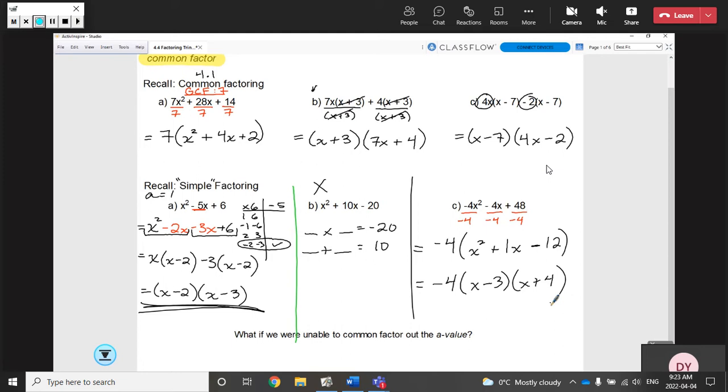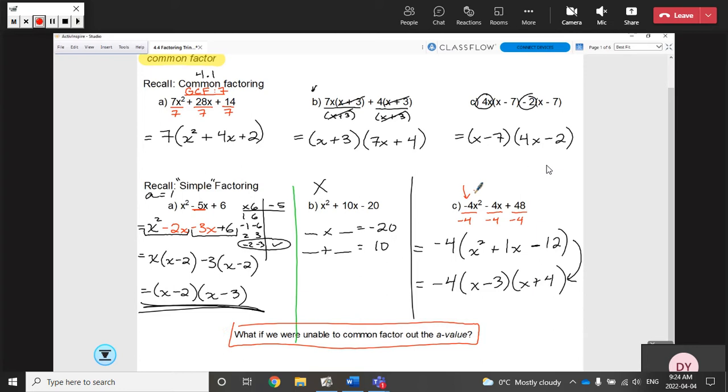Now, the reason why we're able to go from this line to the next line is because, in our trinomial, the a value ended up being 1 in the brackets. So it was nice and simple for us to factor. So today, we're going to be faced with a situation of what if we were unable to common factor out the a value? Here, the a value was not 1, but it was a common factor.